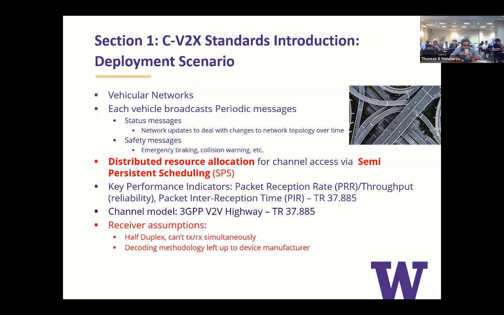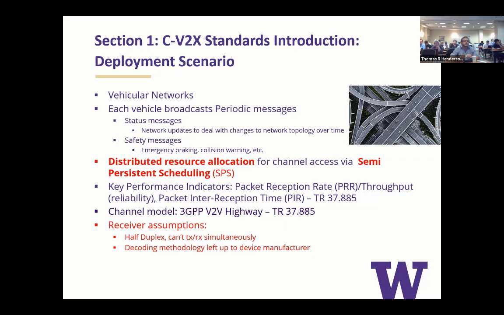users. Using the side link, a CV2X enabled UE can communicate in an on-network Mode 1 or off-network Mode 2 modes. In Mode 2, the focus of the tutorial, the UEs use a distributed resource allocation scheme called semi-persistent scheduling, or SPS. To evaluate the performance, there are three key performance indicators: packet reception ratio, or PRR, throughput, and packet interreception time.